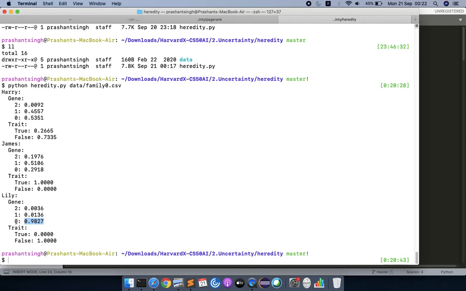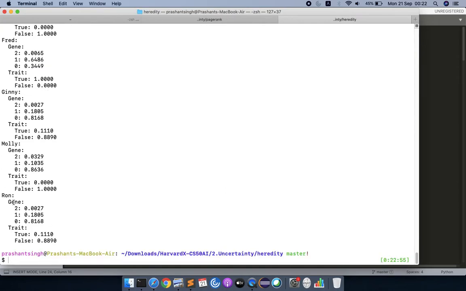That means for her the probability of having zero copies of the GJB2 gene is 98%, and it makes sense also. Similarly we can try to run for other data.